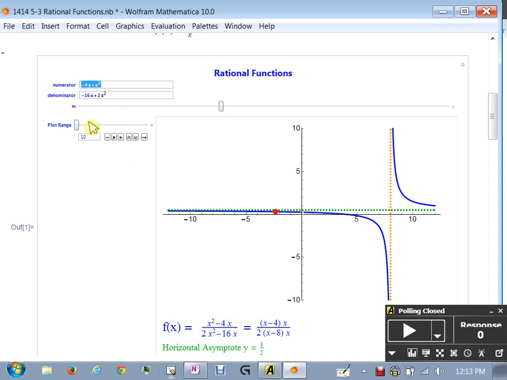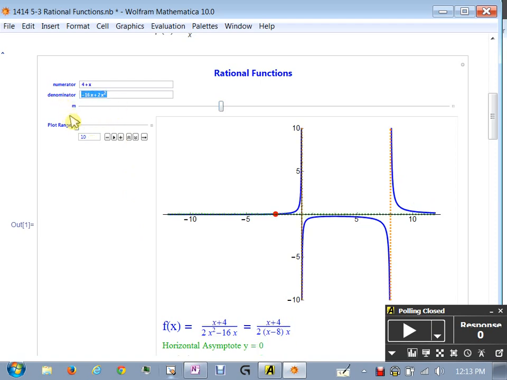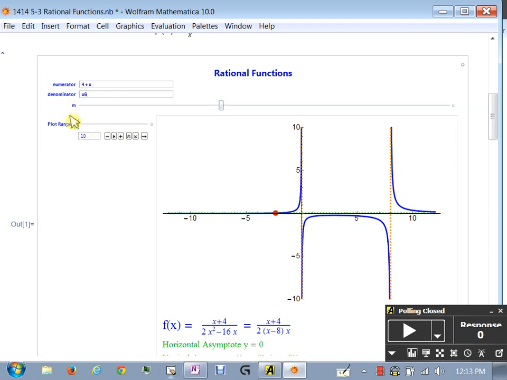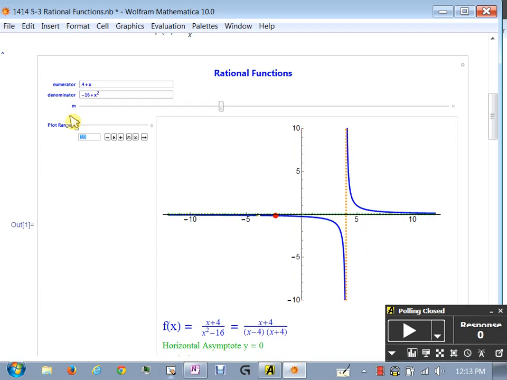Let's see, next one, x plus 4 over x squared minus 16. If you take x plus 4 over x squared minus 16, you factor the bottom, right?